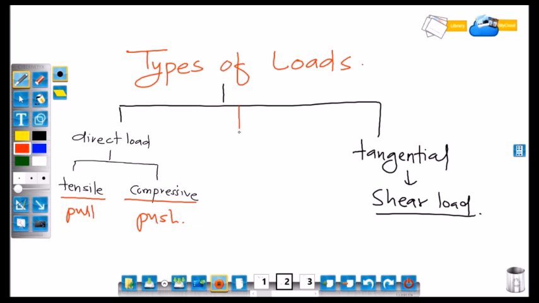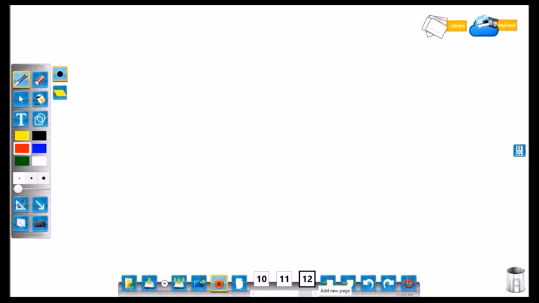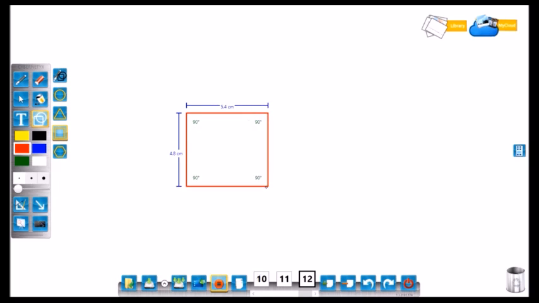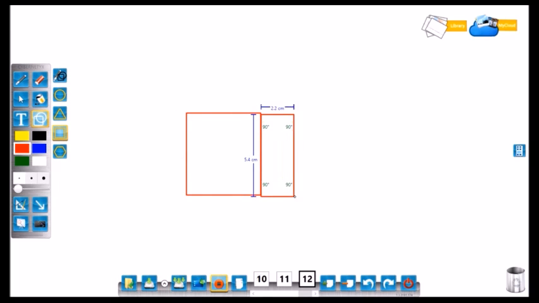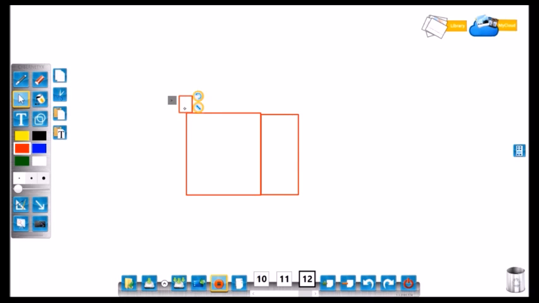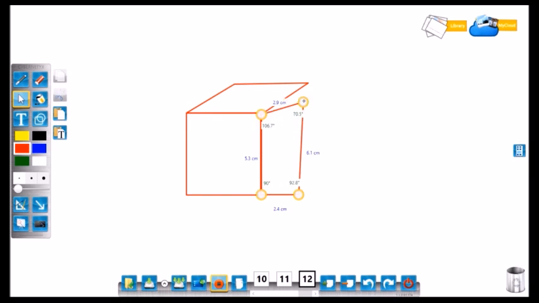Third type of load is eccentric load. This is a 3D model of the body, a three-dimensional view. This is necessary for easy visualization.